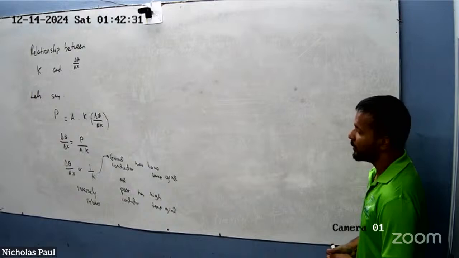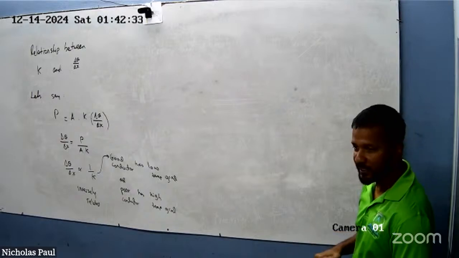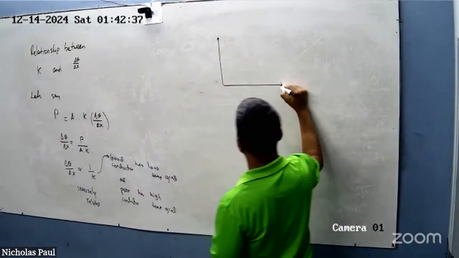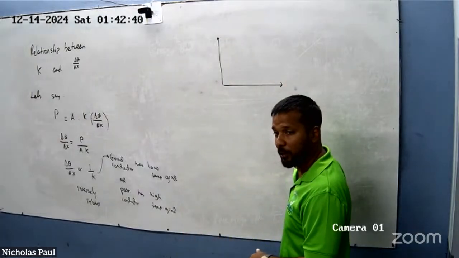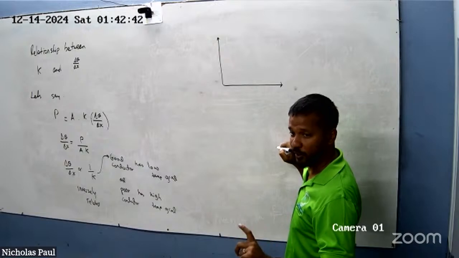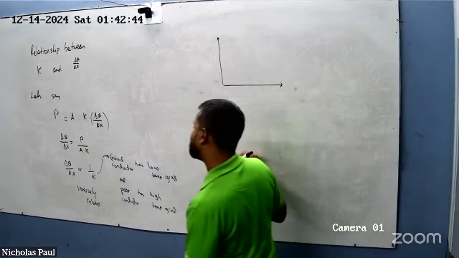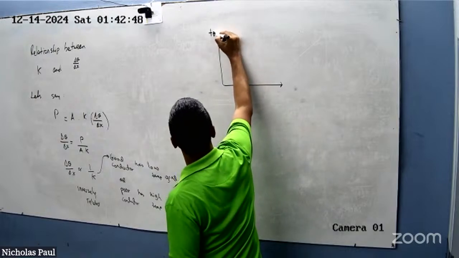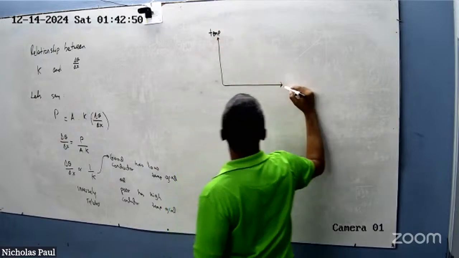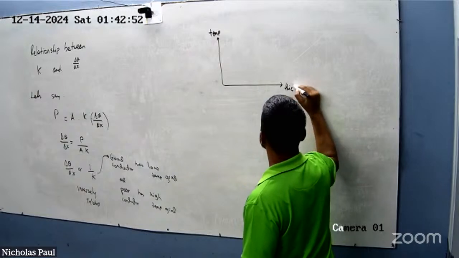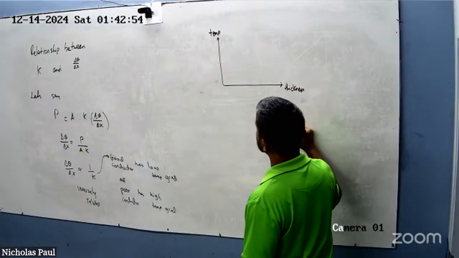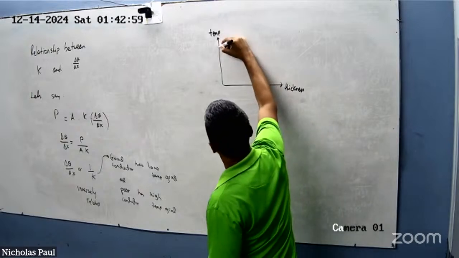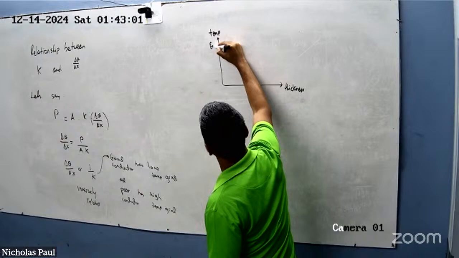So let's see if we can represent this graphically. On one graph, I'm going to draw a poor conductor and a good conductor, but you have to tell me which is which. Let us go with temperature here and thickness here. I'm going to draw two graphs, both starting at theta 1.